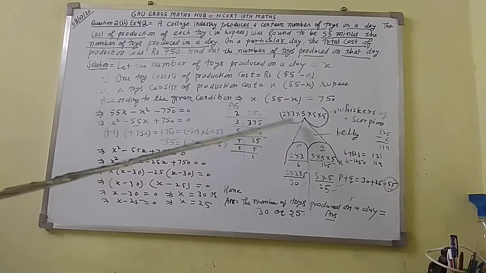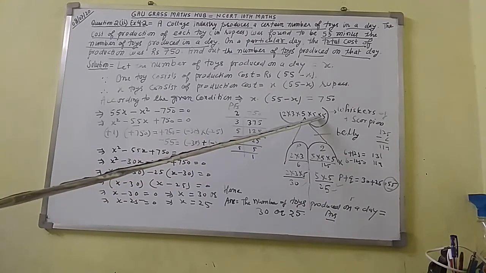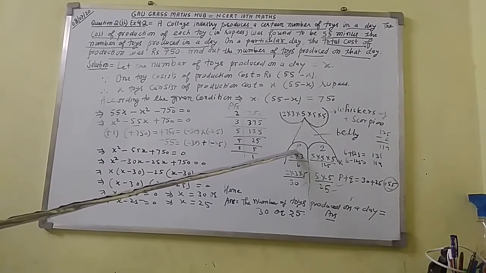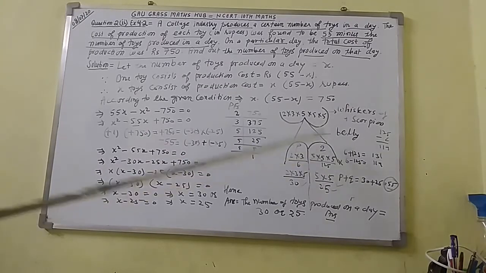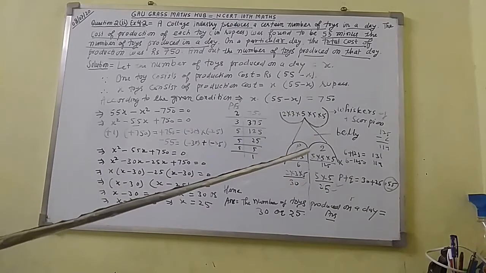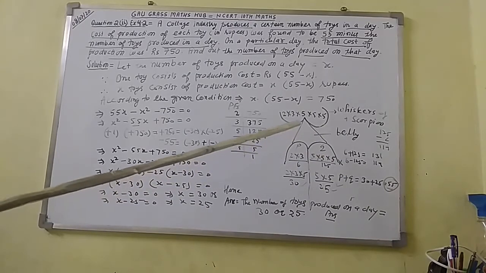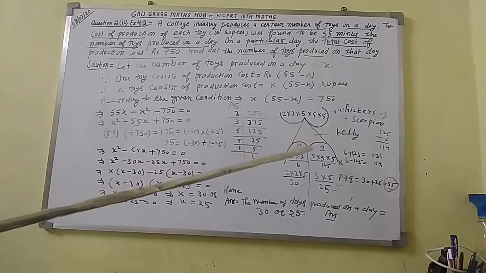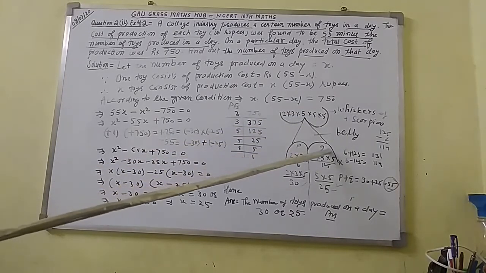This means that all these prime factors will be distributed into two parts, namely P and Q. Here I have distributed these prime factors into P and Q.